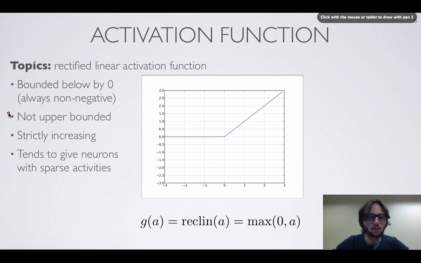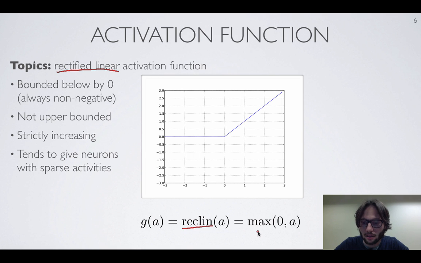The final popular choice for the activation function is what is called the rectified linear activation function. We note it reclin for short, and it's simply the maximum between 0 and the pre-activation. If we plot it, we get a straight line, like a linear function, if the input is greater than 0, and otherwise it's just 0. So it's a horizontal line, and if the input is negative, it always outputs 0.